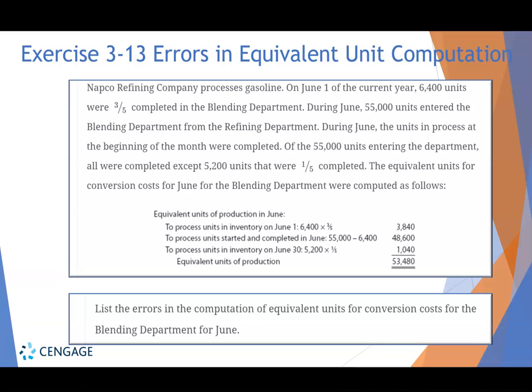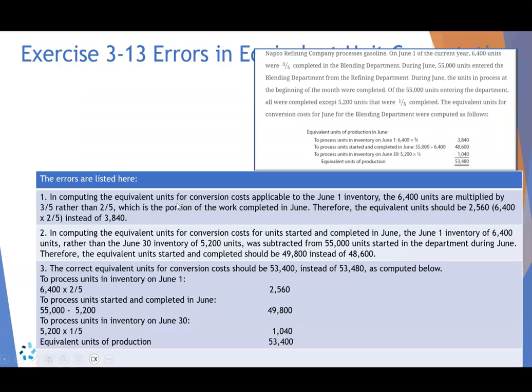List the errors in the computation of equivalent units for conversion costs. Well, guys, think about it. If the inventory to begin with had been 3/5 completed the previous month, then that should only be 2/5 of what we do in the current month. So here it will show you.